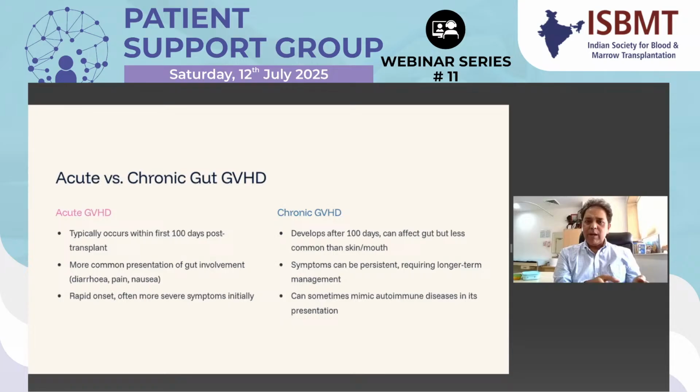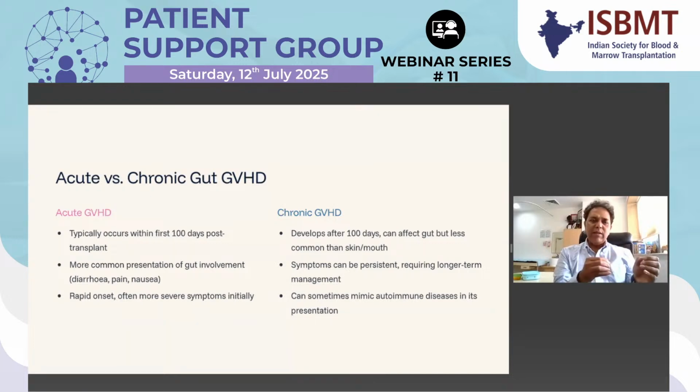Whereas chronic happens after 100 days. It can affect the gut, but the gut is less commonly affected; it's more on the skin, sometimes the mouth. With chronic GVHD, these symptoms can be persistent, can last for a long time, and need a lot more management and treatment.